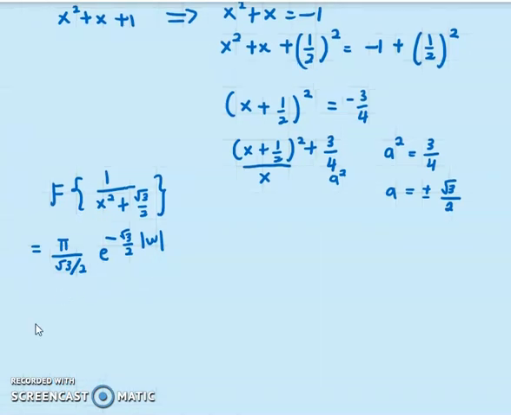Now, if you look at that, we need to use the Fourier translation formula to change this one, because we have x plus half, not x.